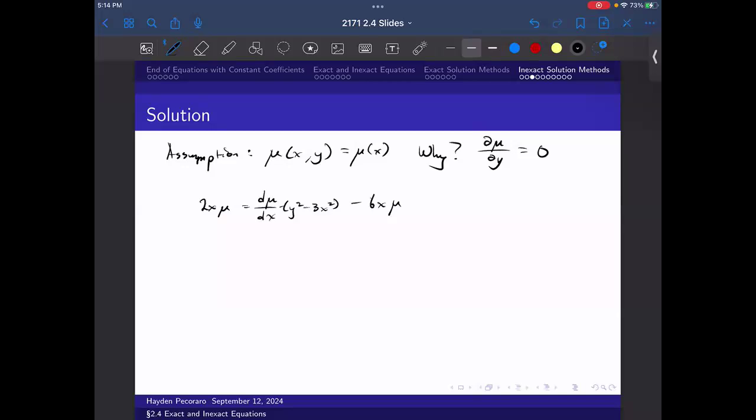Okay. So now you can go ahead and hopefully solve this for mu and try to find a solution. So let's write down what that is real quick, and then I'll let you go. So d mu dx equals something over y squared minus 3x squared over, or under, 8x mu.